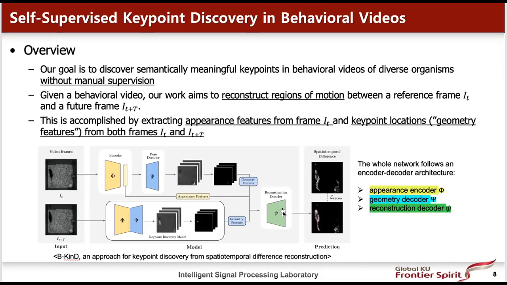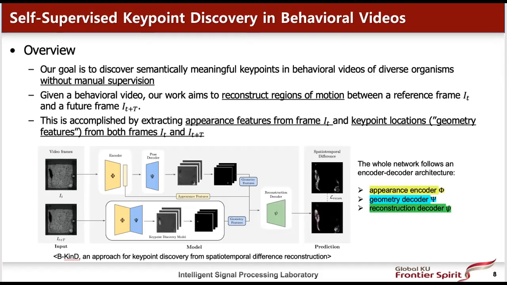We concatenate the three features, then send them to the reconstruction decoder. The reconstruction objective is a spatial temporal difference, and we will calculate a series of losses based on the reconstruction results.